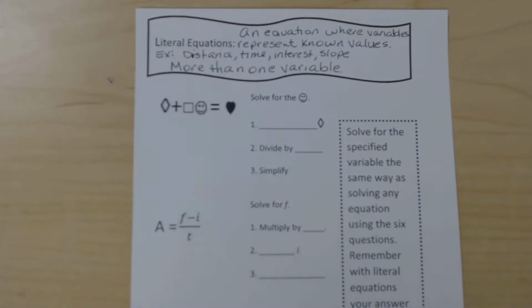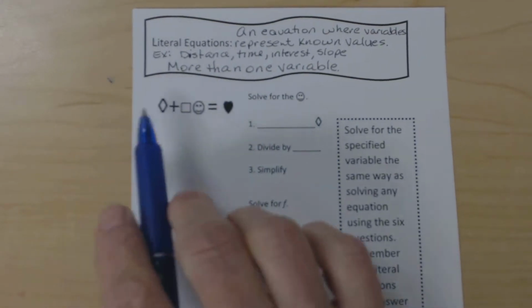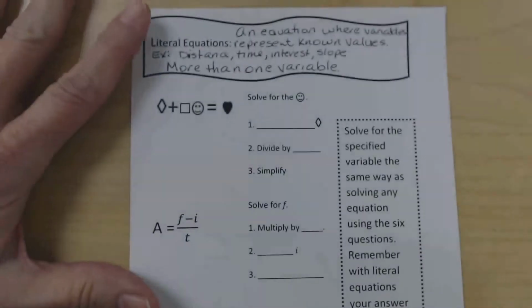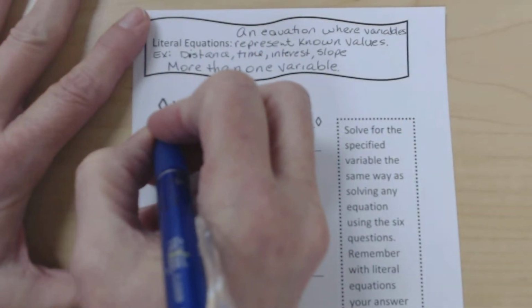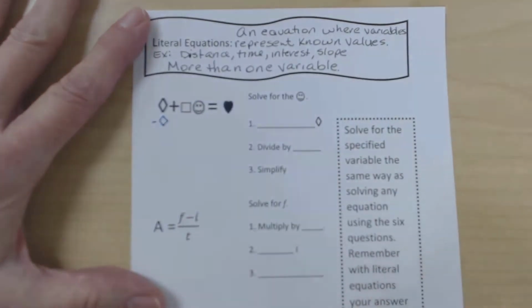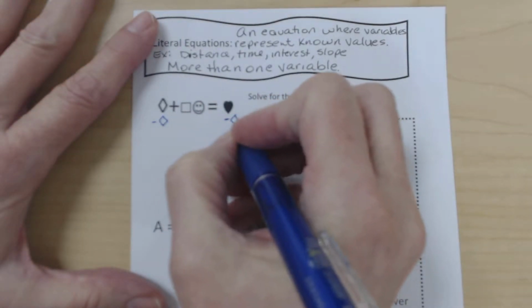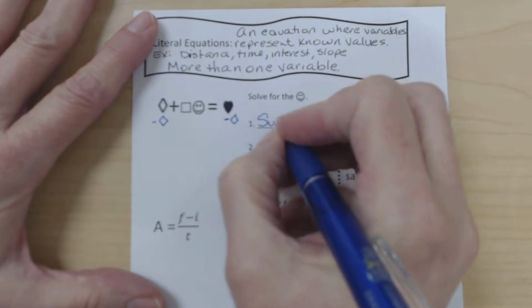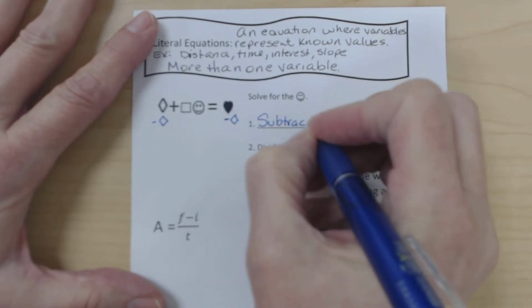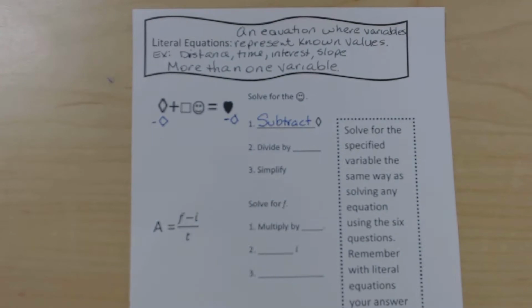So we're basically left with, can I add or subtract to make either the diamond or the square go away? I can definitely subtract to make the diamond go away. So I'm going to subtract the diamond, and what I do to one side, I do to the other. So right here we will subtract the diamond.